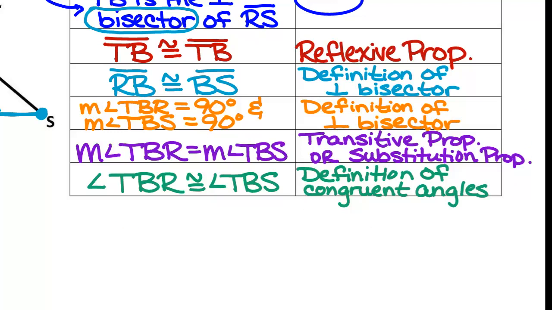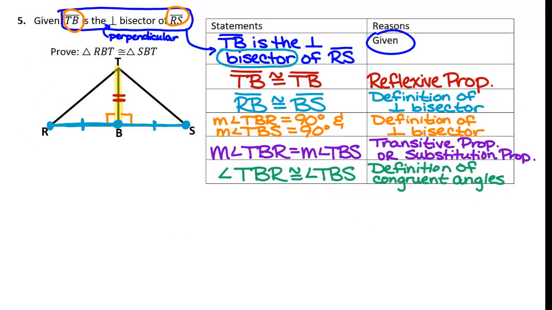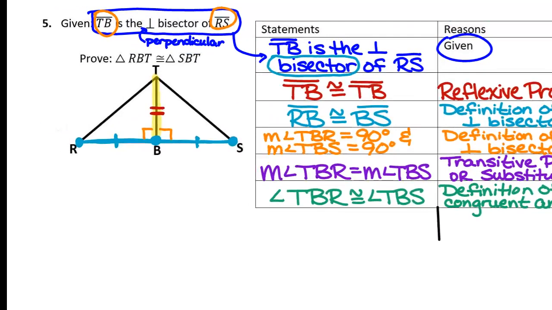All right, we're going to have to add one more line down onto the bottom here. Because now that I know those angles are congruent, I can make my last statement.